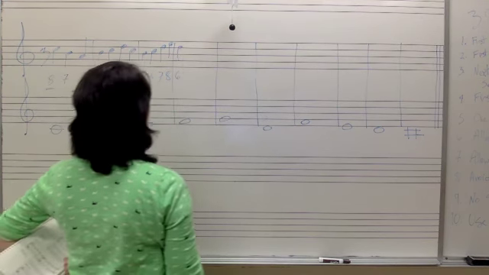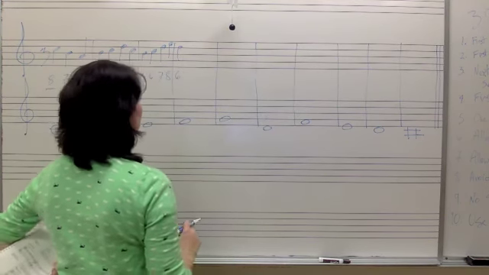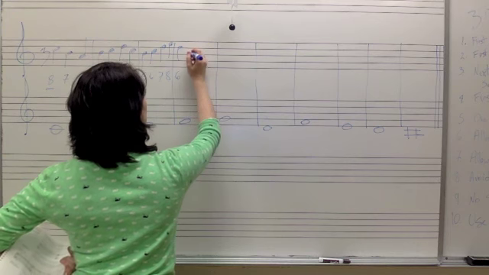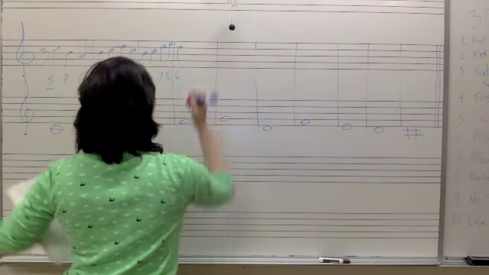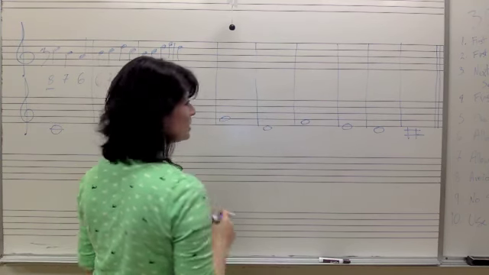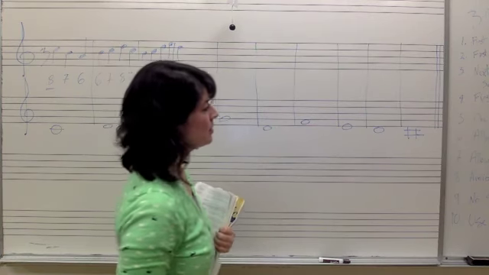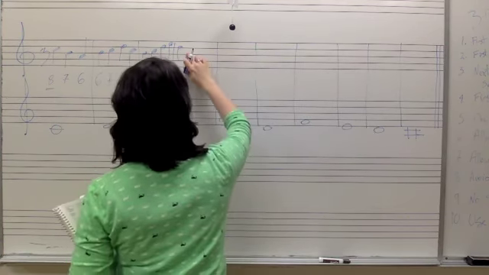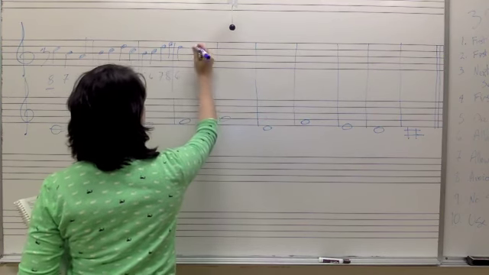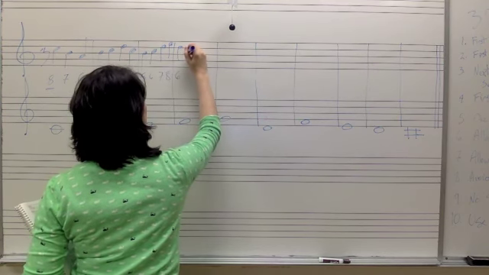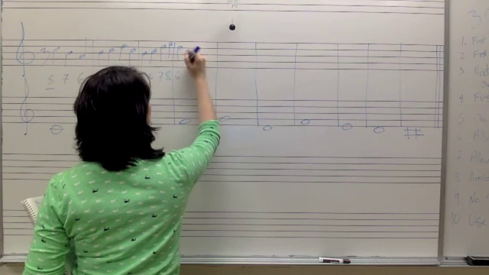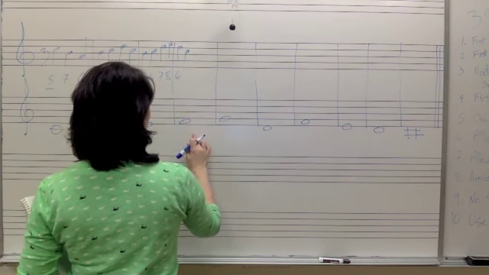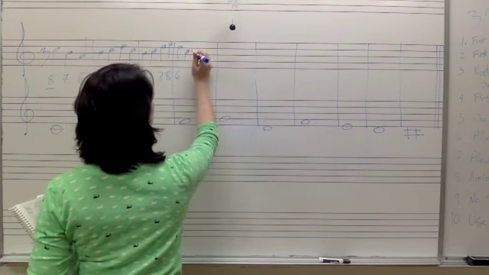So we go down to C maybe, keep going. Let's make it a little interesting. Let's try and put in one of these nota cambiatas in. So we're going to start by going a step down. So we're going to go from D to C. All right, and then we're going to jump down a 3rd.